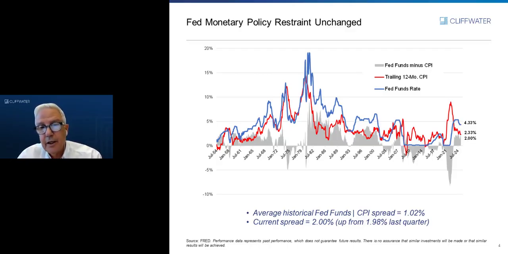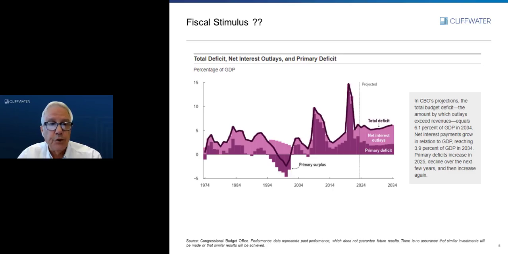But given deficits, which we show in the next slide, projected deficits are close to $2 trillion on a go-forward basis. That's the CBO estimate. Basically, the government's going to have to finance significant debt on a go-forward basis, and that may be the Fed's concern right now, and why they're keeping interest rates high.